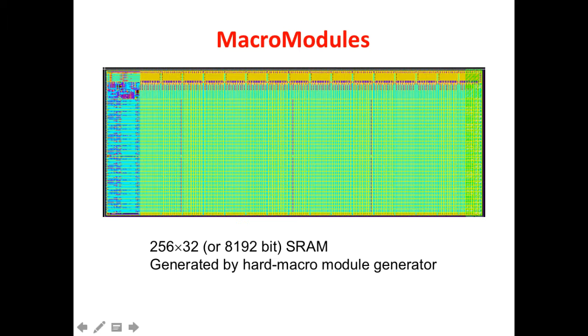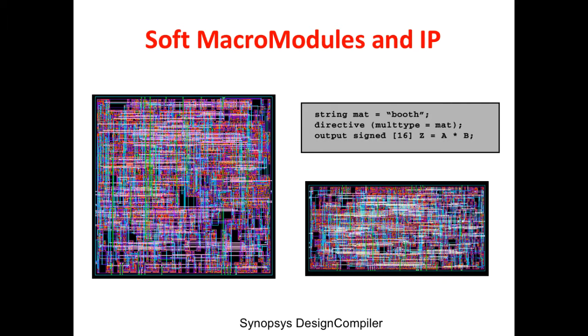You just have some control part here, and then all the rest is the array of memory cells. And then in the case of soft macro modules, basically you have a piece of code and then you have to do the placement and routing yourself. These are just illustrations. They do not add anything to what we have already said.